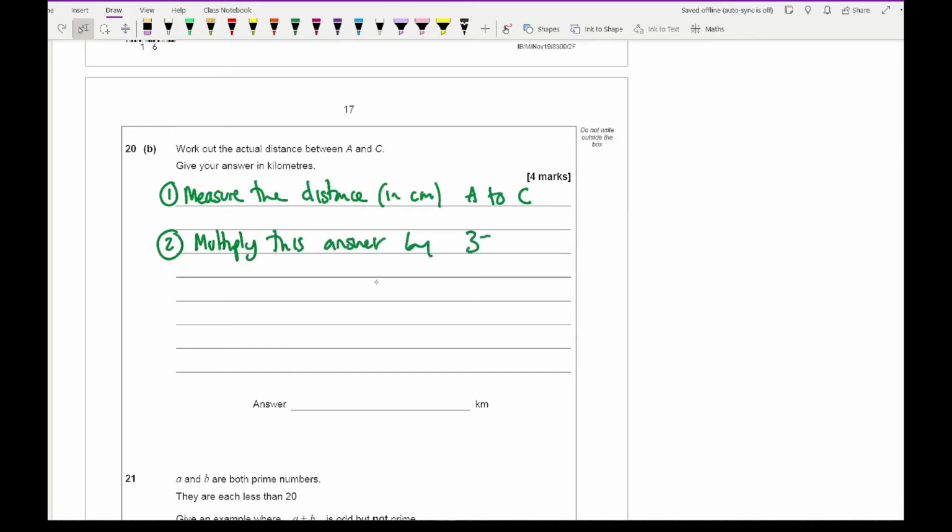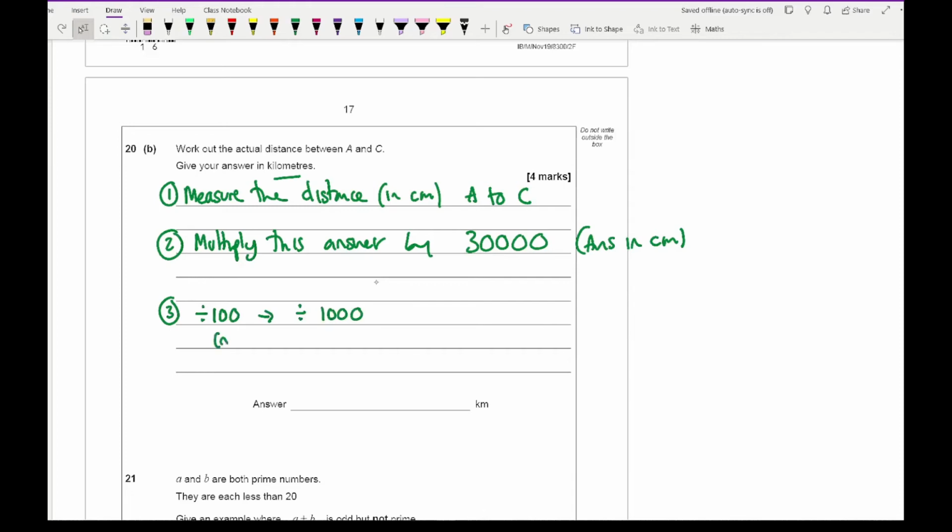by 30,000. And then, because they want the answer in kilometers and we've got the answer in centimeters, so let me just write that this is the answer in centimeters, I then need to convert that into kilometers. So I divide that by 100 to convert that into meters, and then divide it by 1,000 to convert it into kilometers.